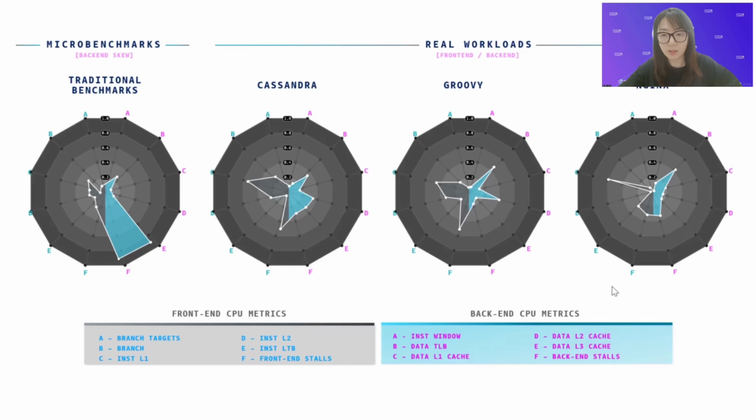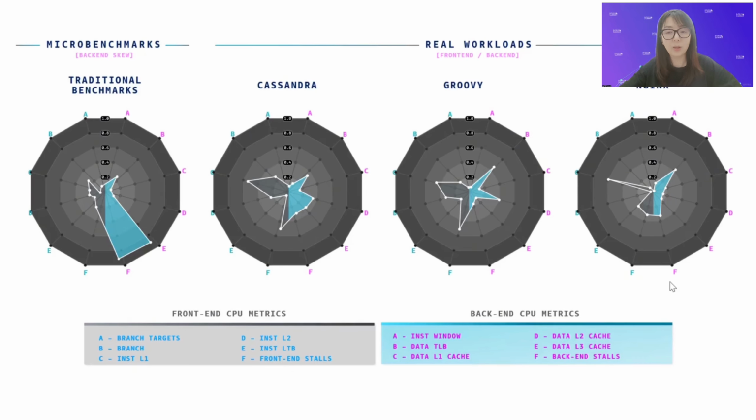And the blue area is the back-end CPU sensitivity, how much the workload depends on data processing, memory hierarchy, and execution units. First, you can see the first chart. This is a traditional benchmark. You can see it stressing the last level cache, but not a lot else. This makes sense because when people build benchmarks, they usually extract some code out of a real application and loop through that hot code many times to get stable performance they can measure. By doing that, it's not sensitive to many things.